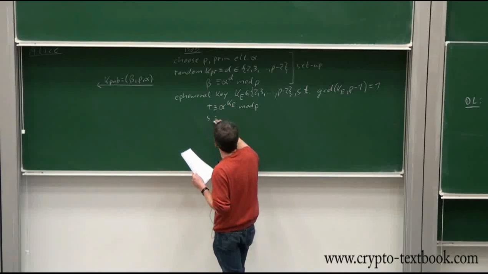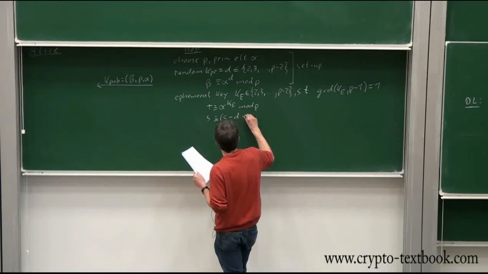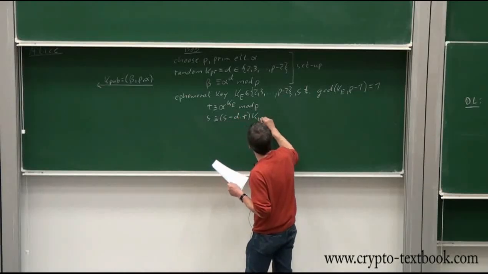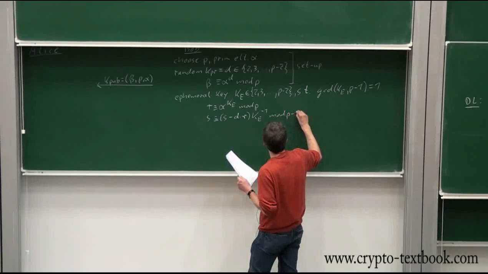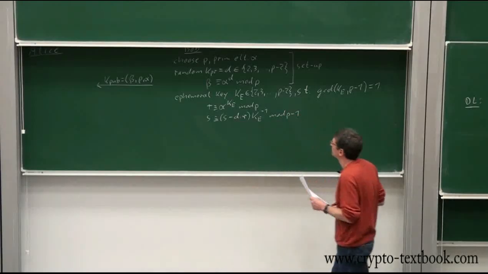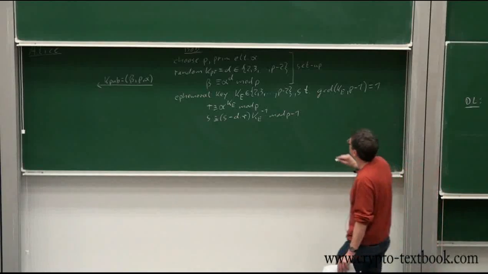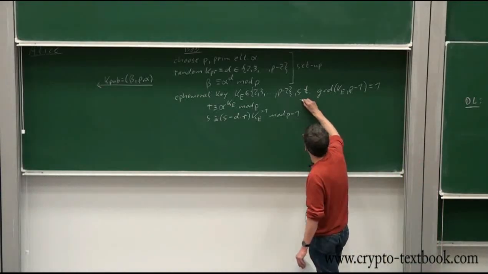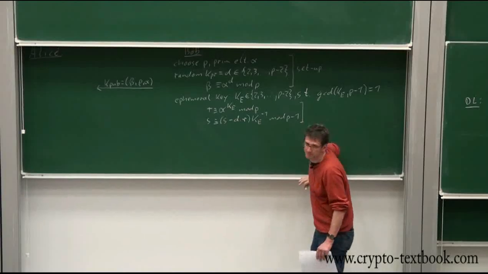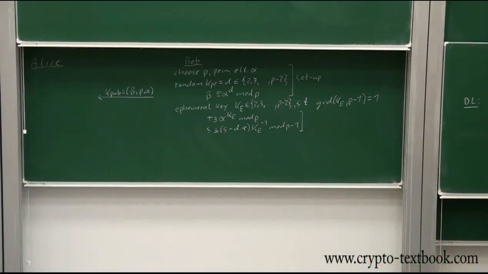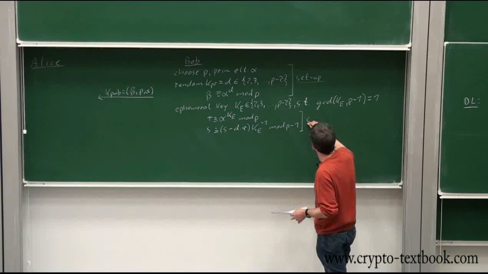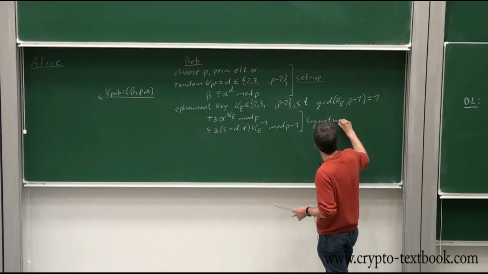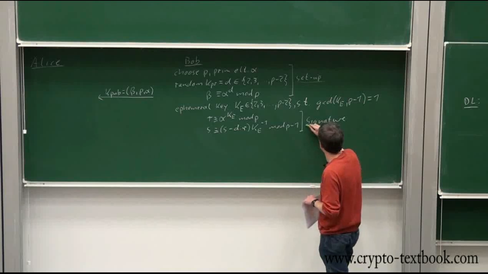The second part of the signature is S minus D times R, multiplied by the inverse of ke. So these two parameters, this was the setup, this is the signature.